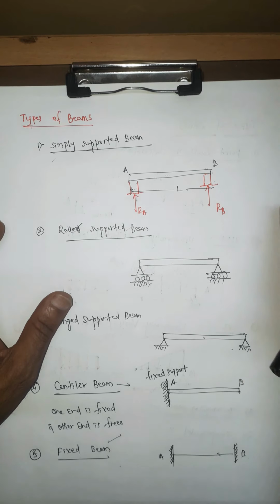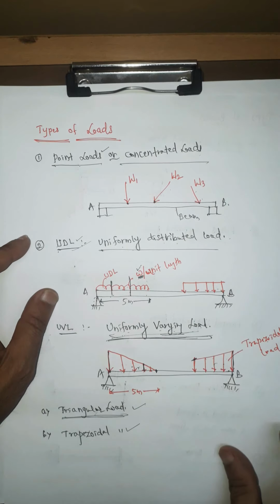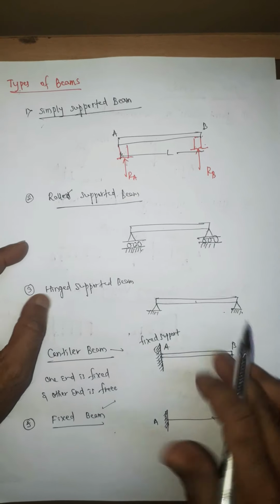So I hope you understood this small introduction. First we studied what you mean by beam, then the different types of supports, then the different types of loads, and lastly the different types of beams.